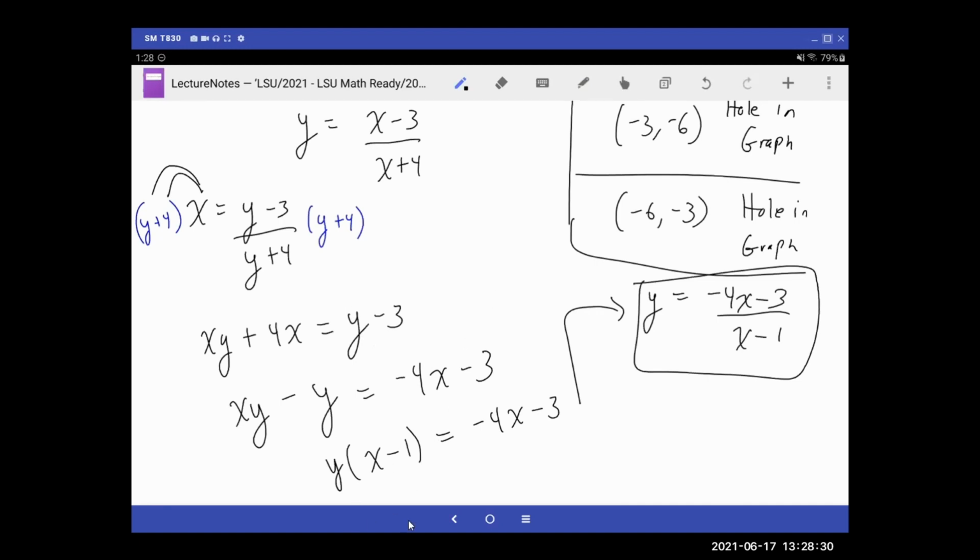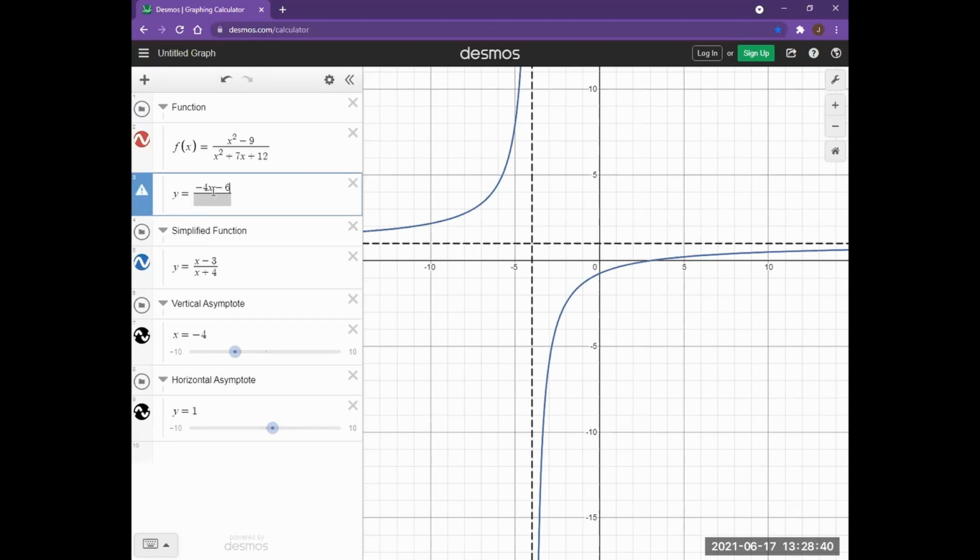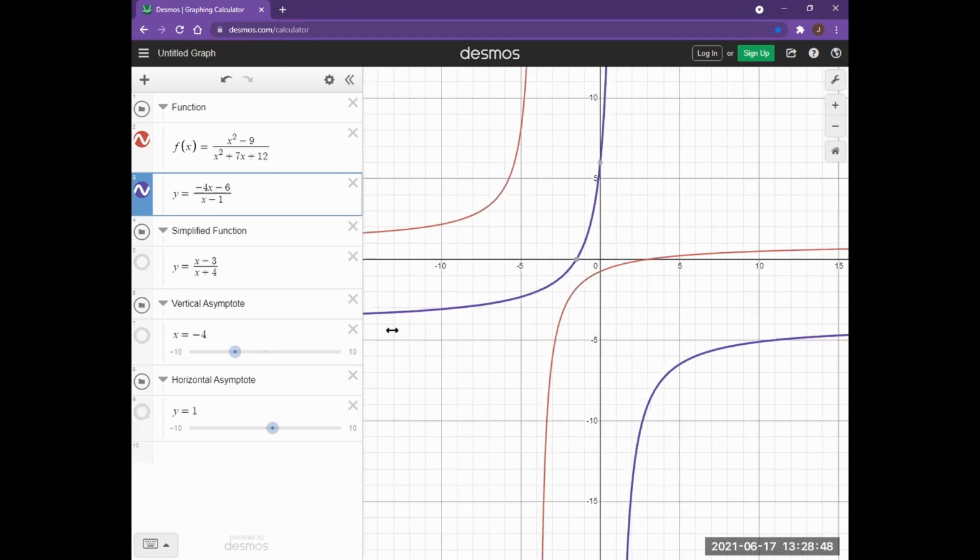All right, let's see what that graph looks like, and then we'll be done. Maybe it's a little harder to see the symmetry there. Let me hide some of this stuff to make it a little bit easier. You kind of can see it actually now, right?